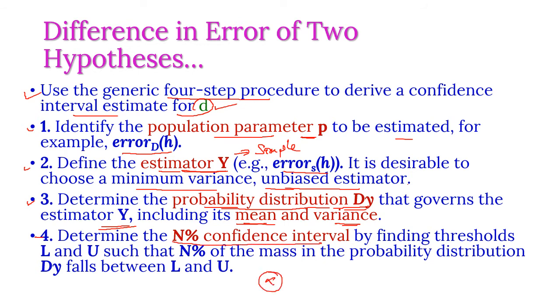This is important. N% confidence interval by finding the thresholds L and U. L means lower limit, U means upper limit, such that N% of the mass in the probability distribution D_Y falls between L and U. That is, the probability distribution will fall at any point in between these two limits, right?